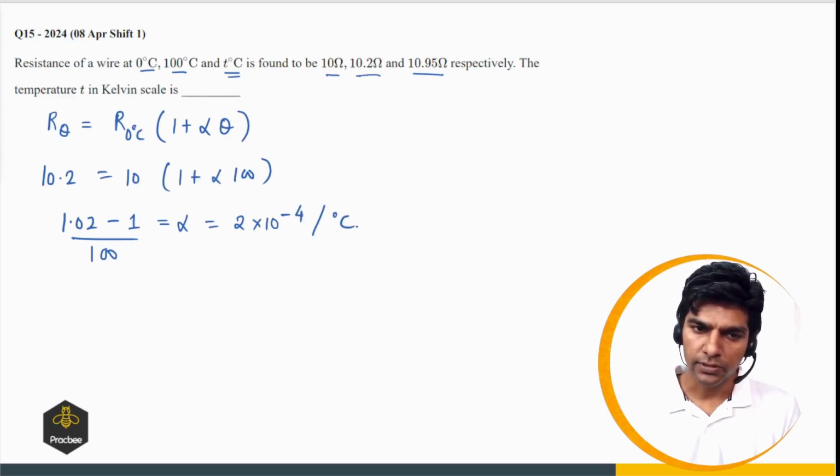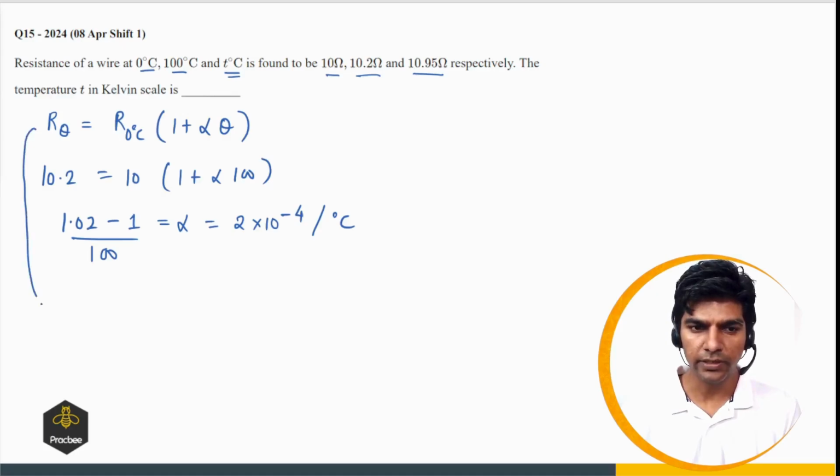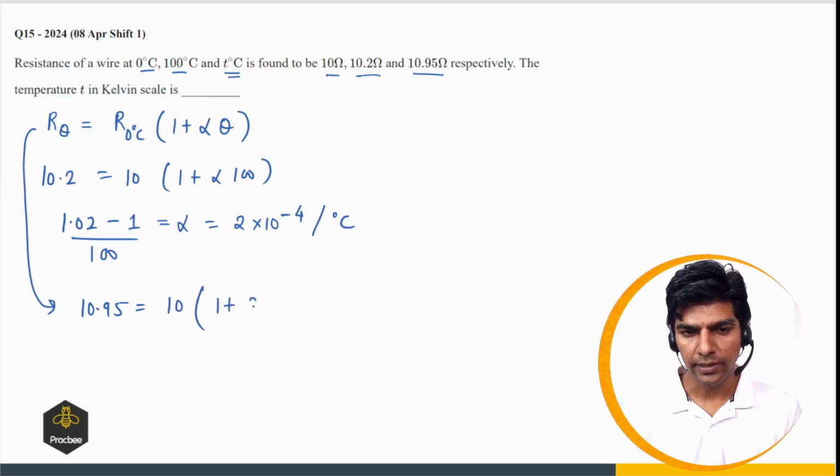Now we can use this value of alpha while taking temperature as T degree Celsius. So if I take temperature at T degree Celsius, then the resistance will be 10.95. Resistance at 0 degree Celsius is 10, times 1 plus alpha, which is 2 into 10 raised to power minus 4, times the change in temperature.